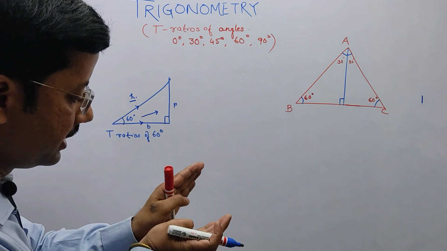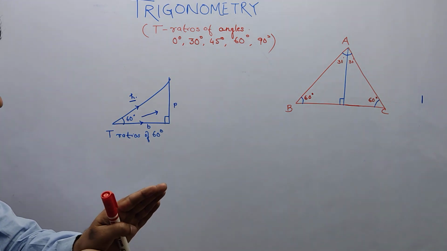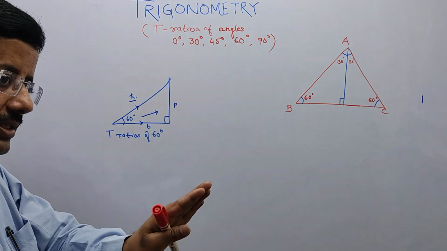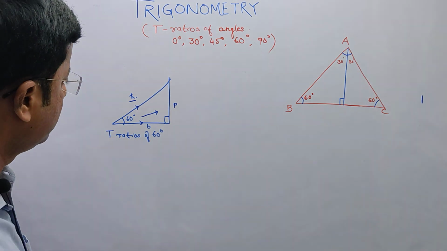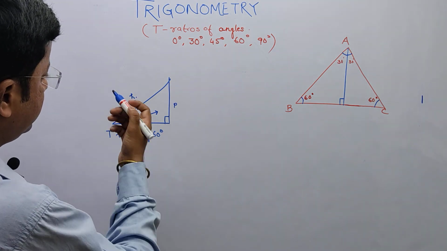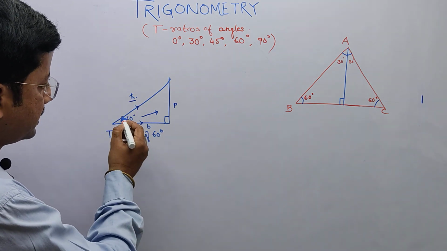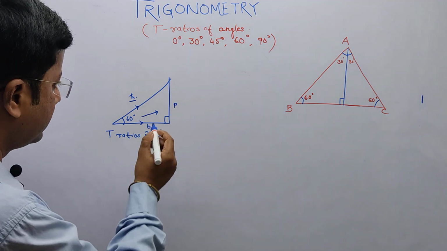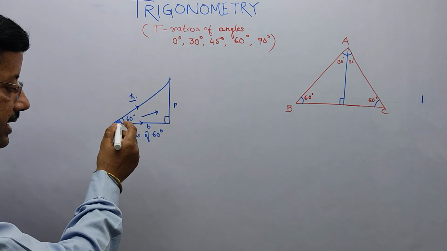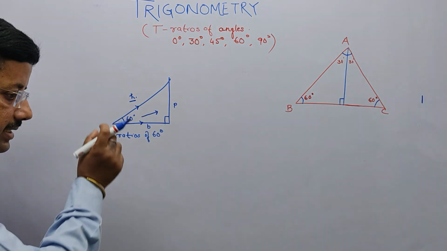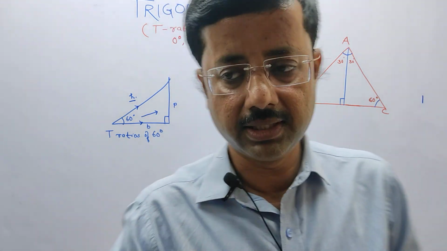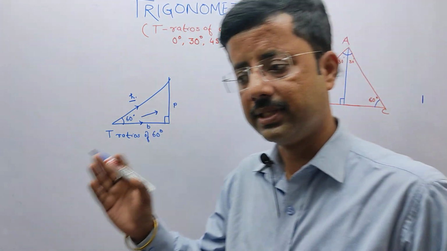I mean to say the opening of the line segments at the tip is the same, 60 degree. So what it exactly means is that when a right angle triangle has a 60 degree angle, finding the different ratios of sine, cos, tan with the angle 60 degree is called the trigonometric ratios of 60 degree.